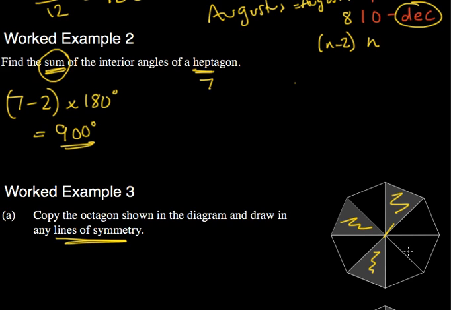So that means if I were to lay a mirror along, let's say this bit here, it would be the same on both sides, and it is. But if I laid a mirror along this axis, it would not be the same on both sides, because you've got a shaded side here, but it's not shaded that side. So the one I've just drawn doesn't work. The first one I drew here is the only line of symmetry.